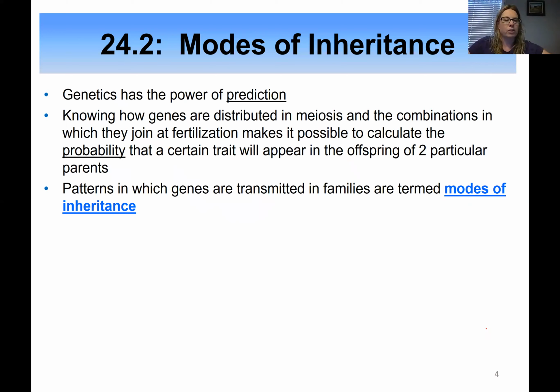Okay, so maybe some of you back in high school or a general biology course learned about Gregor Mendel. He was an Austrian monk that studied pea plants, and he discovered that genetics can be predictable.